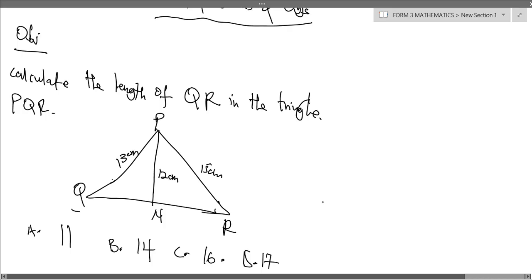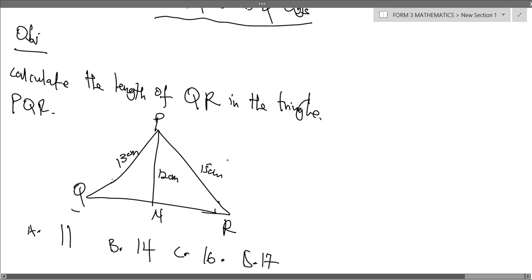So how do we solve this question? Objectives should be very, very fast. If you know your Pythagoras triples, you should know what QN is and what QR is. So let's consider the triangle PQN.